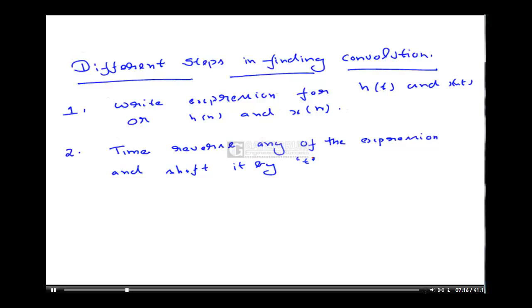That means we have converted our h(t) and x(t) to some other variable, like x of tau or h of tau, or h(n) or x(n) in terms of another variable, h(k) or x(k).